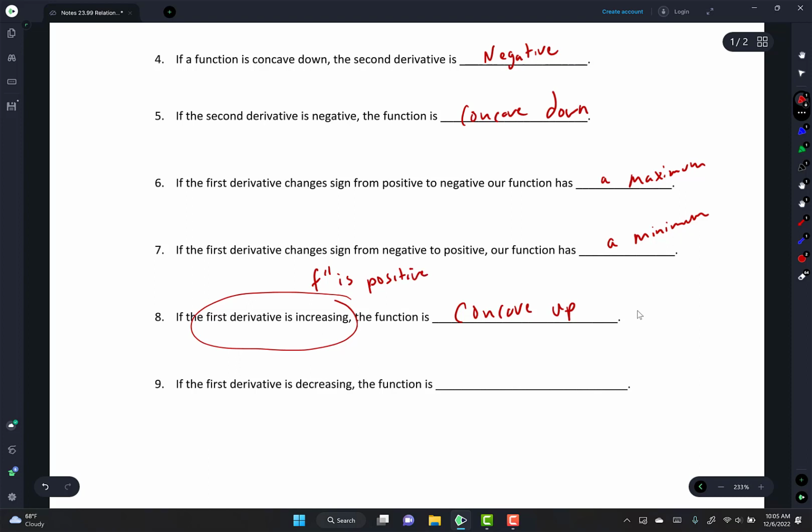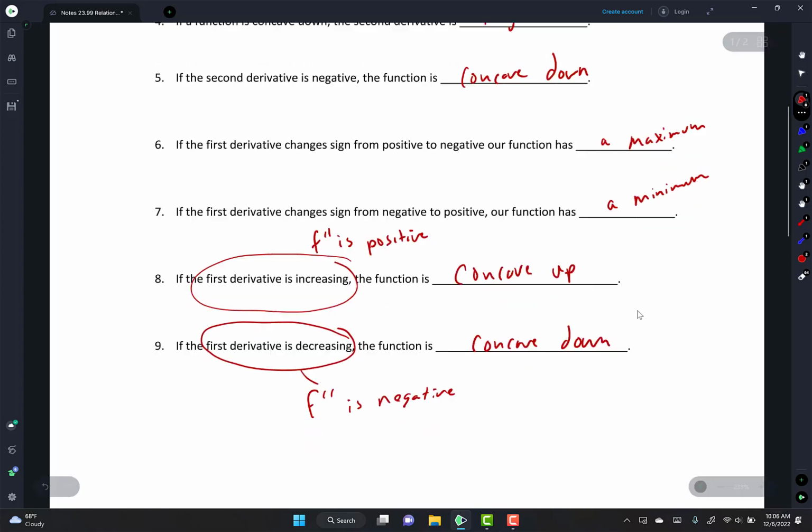Yeah, I should have made a 10 and 11. Sorry, guys. If the first derivative is decreasing, the function is concave down because the first derivative decreasing means f prime prime is negative. Does that make sense? Okay.